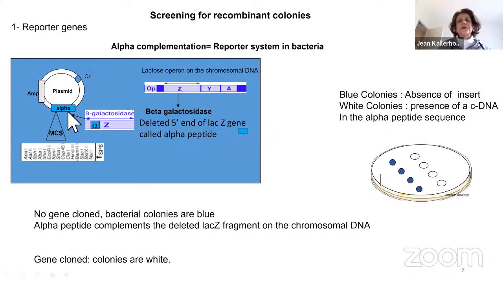Therefore, the X-gal can be cleaved, and you will get a blue color in the colonies.